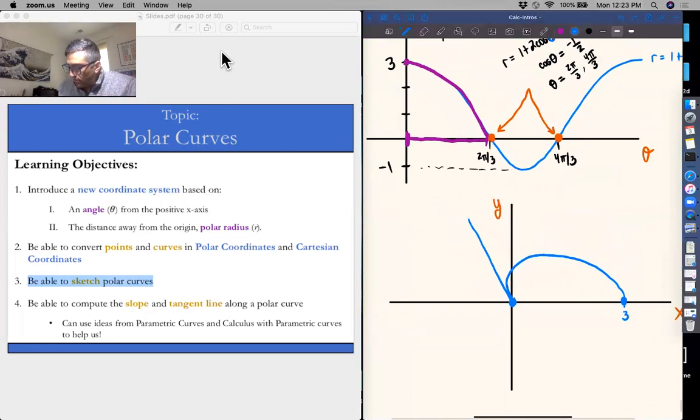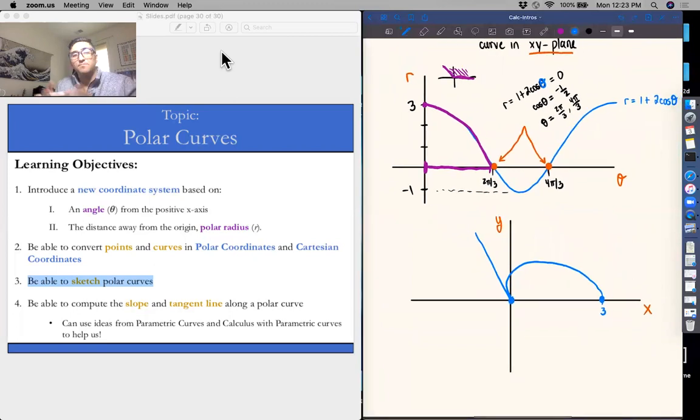That's very helpful because it helped us automatically sketch a lot of points right away in the xy plane for our polar curve. So just to make this a little more color coordinated. All right, so that was our first sketch there. What is happening between angles of 0 and 2 pi over 3?